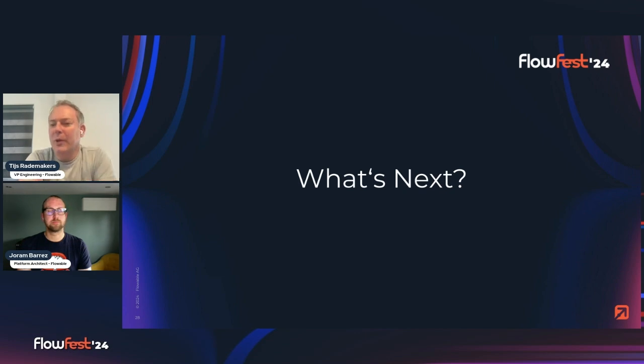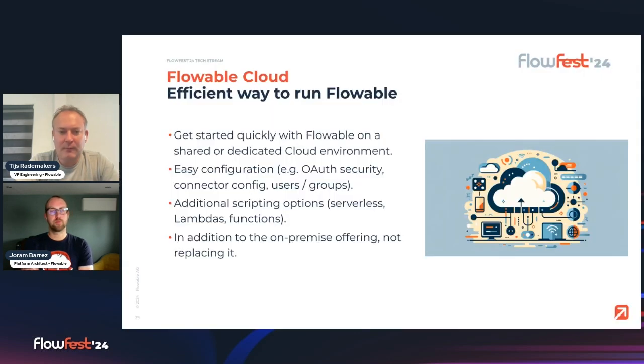Then we want to finish up by looking ahead at what's next with Flowable. One of the important parts is Flowable Cloud, which provides an efficient way to run Flowable. It makes it easy to quickly get started, being a shared environment where you are running your processes and cases on a database which is shared with multiple customers.